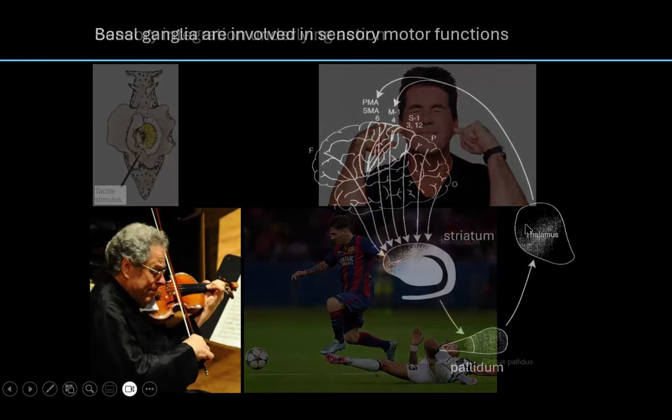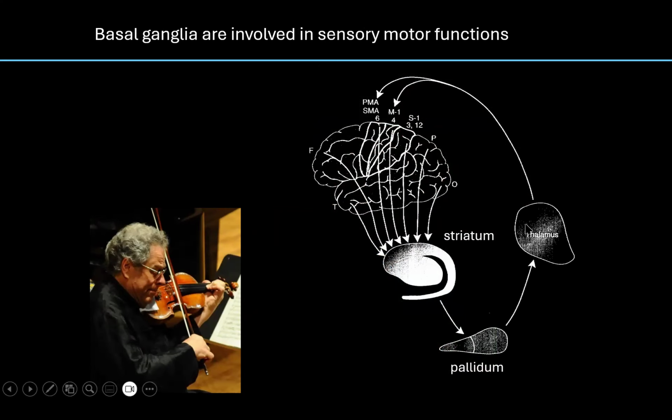So if we look, for example, at a violinist that is playing a concert, you can appreciate that he does almost effortlessly multisensory integration in the sense that he has to read the notes, listen to his own music, adjust the fingers according to what he hears, feel the tactile feeling of the strings and the bow, and the motor output is bilateral. Every hand is doing something else, and all of this is done on the fly.